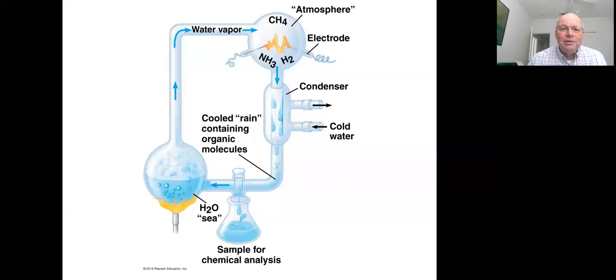using this device. So Oparin and Haldane hypothesized that, number one, the Earth would be really hot because it condensed out of material left over from the formation of the sun, so rock and dust particles, things like that. And we know that the Earth still contains a lot of residual heat in its inner core. We see that in the form of the molten rock, the lava that comes up in volcanoes and things like that.